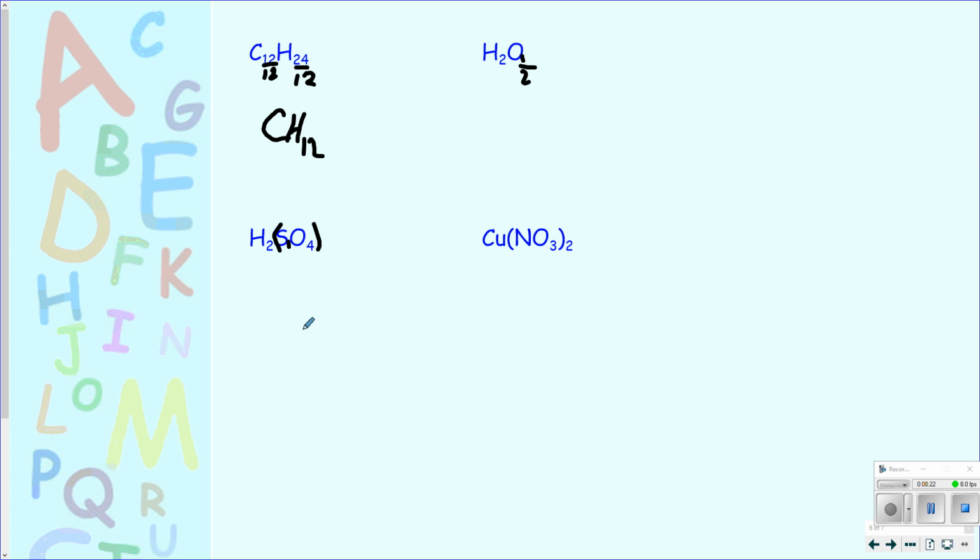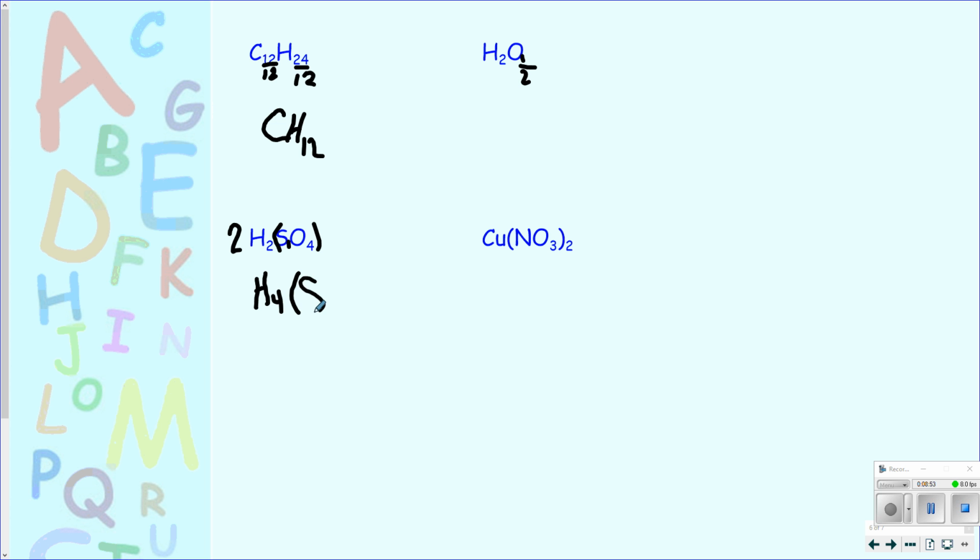But I could also ask you to make this empirical formula and change it into a molecular formula. So let's just say, let's use the number 2. And in this case, we're going to use the distributive property in math, and we'll distribute the 2 to both the hydrogen. So that means we now have H4, and we're going to put parentheses around the SO4.